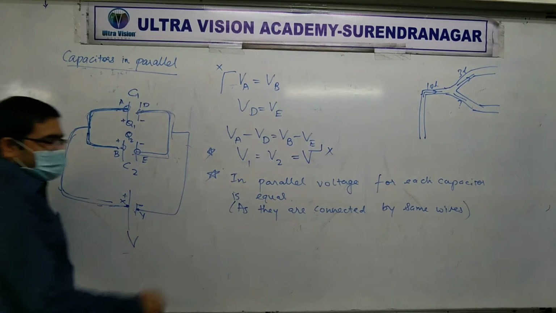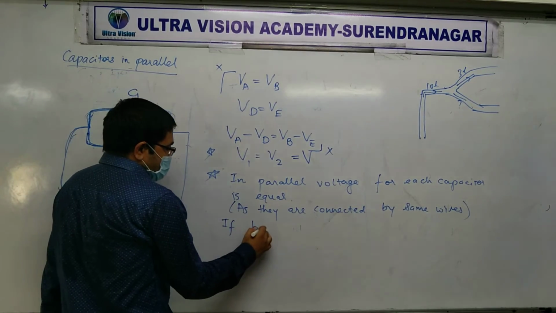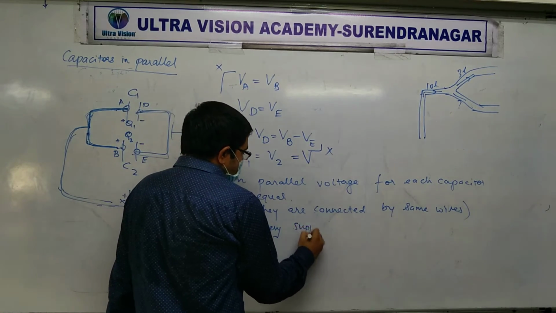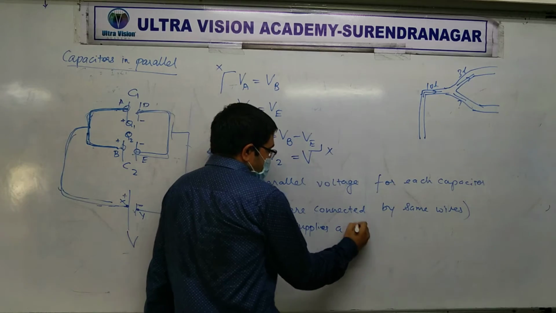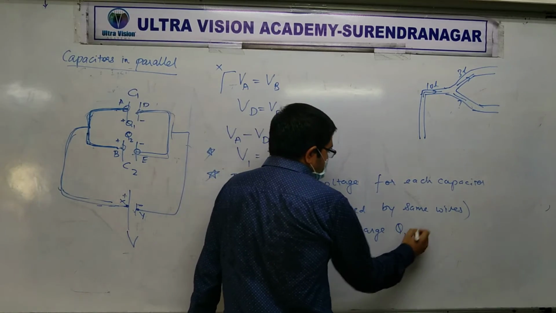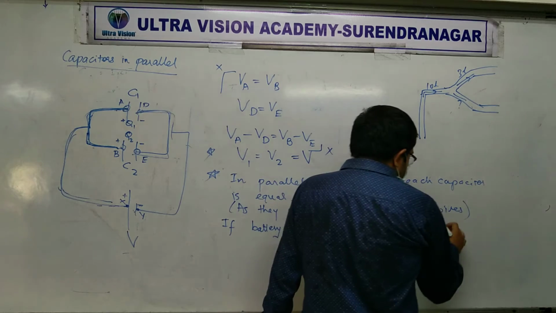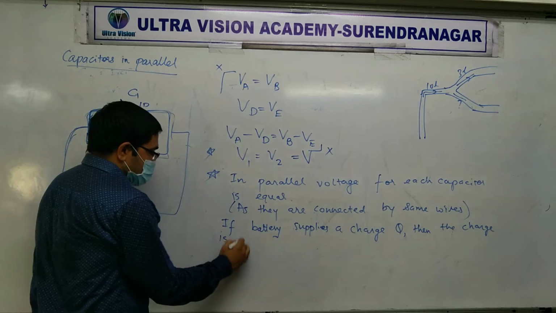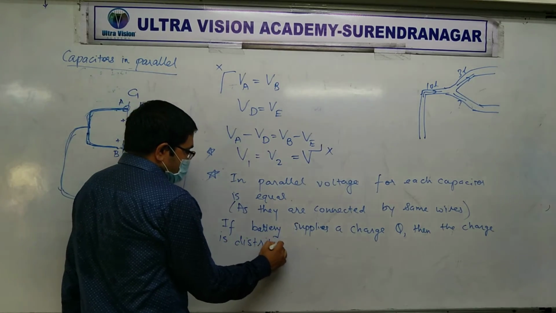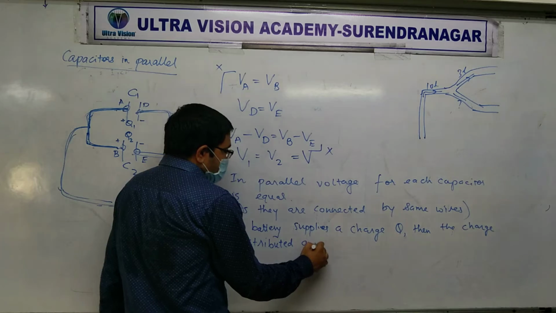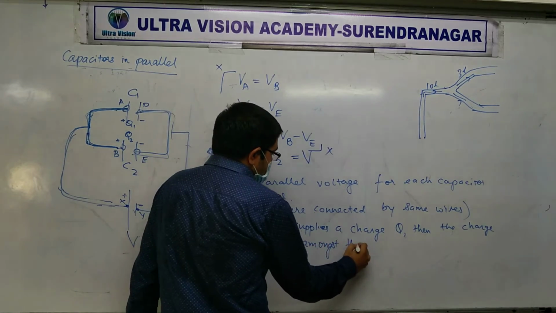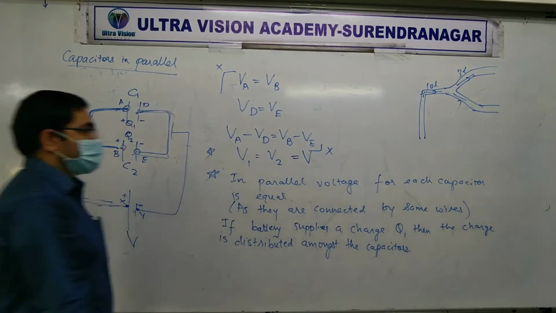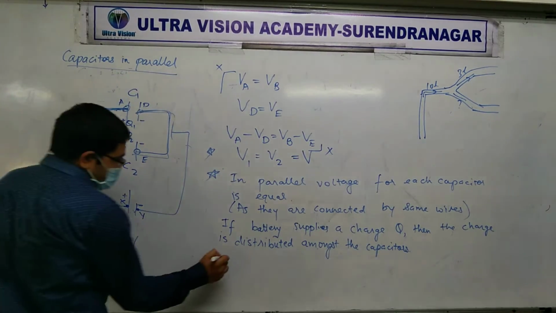So you could write that if the battery supplies a charge capital Q, then the charge is distributed amongst the capacitors.